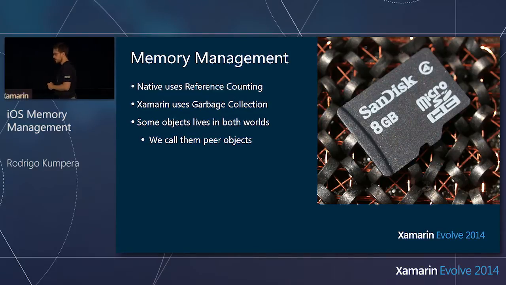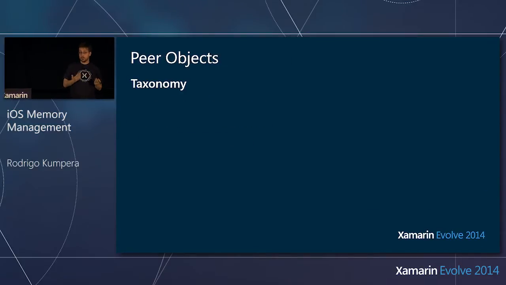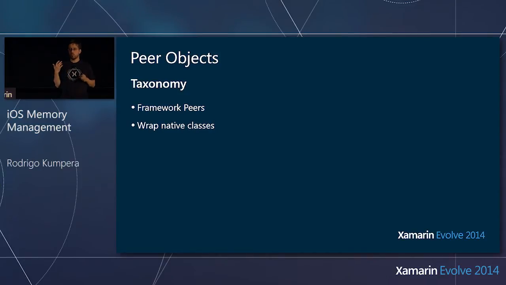Peer objects come in 2 flavors. First one are the framework peers. A framework peer is nothing more than a wrapper around a native class. Those that come either from the iOS framework itself, UIKit, Foundation, whatever, or those that come from a native binding, if you're using a third-party library.